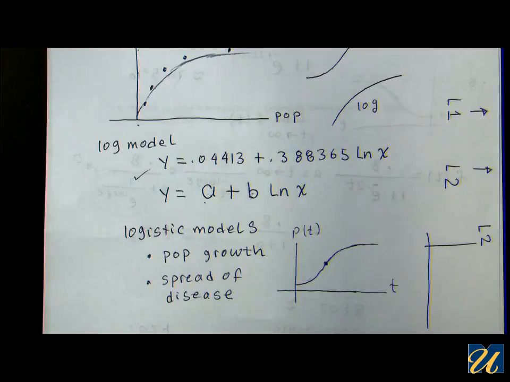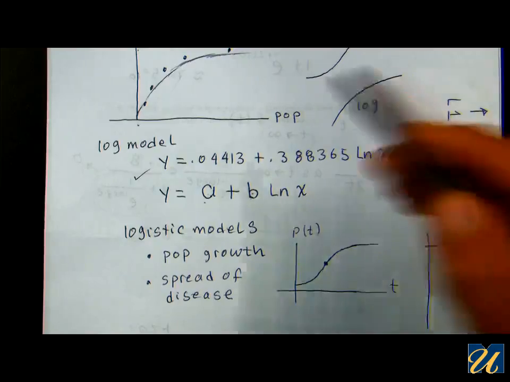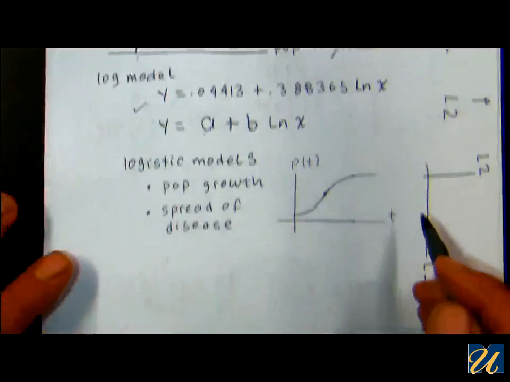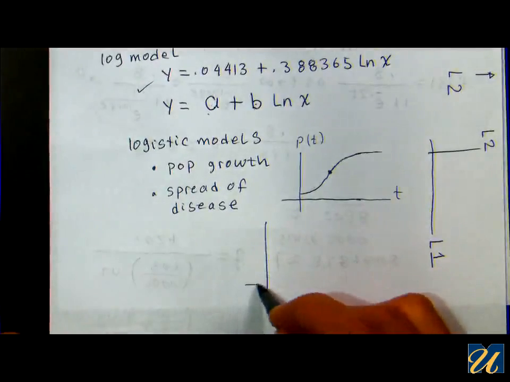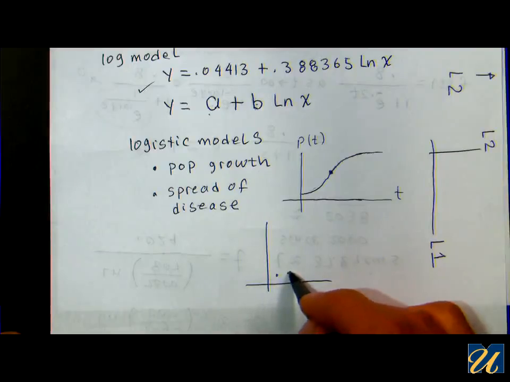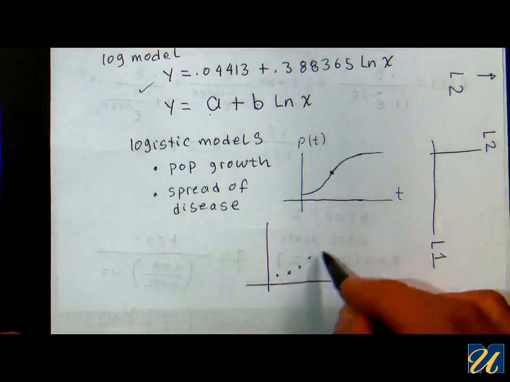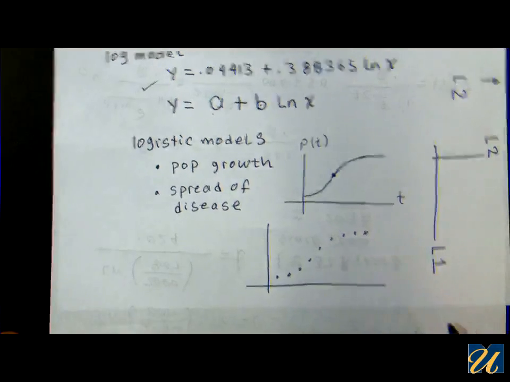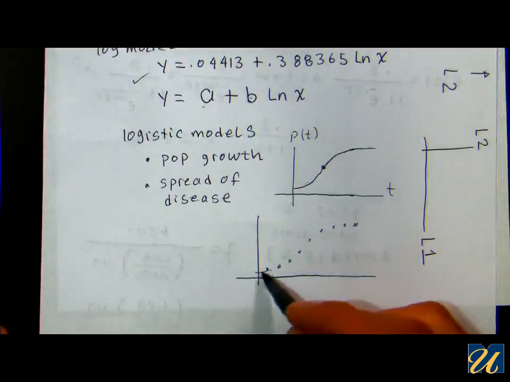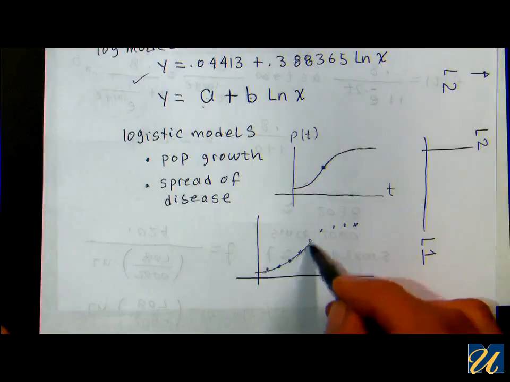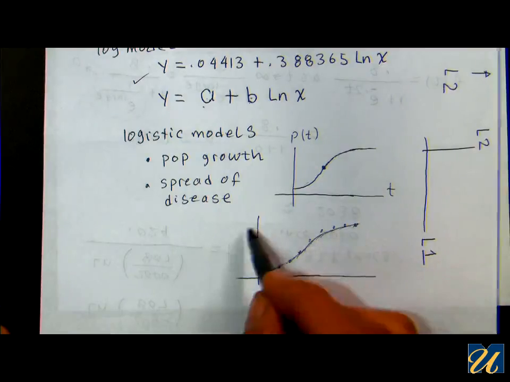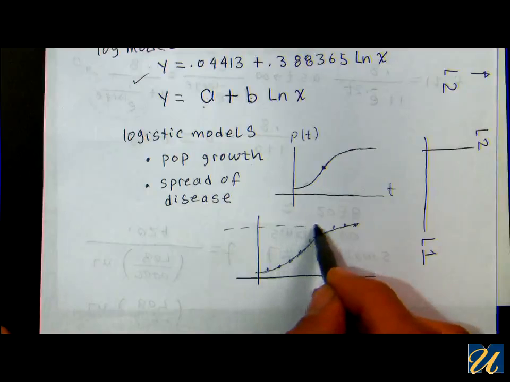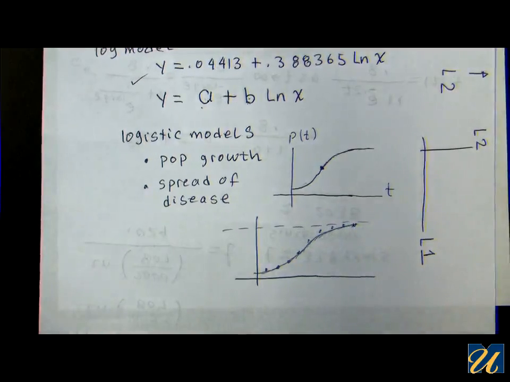So they're generally S-shaped. If your data shows some growth, and then after some point begins to level off, that would be more typical of a logistic growth model. And we would assume that there's a limiting value here. Log models can have limiting values too, but they're not S-shaped curves.